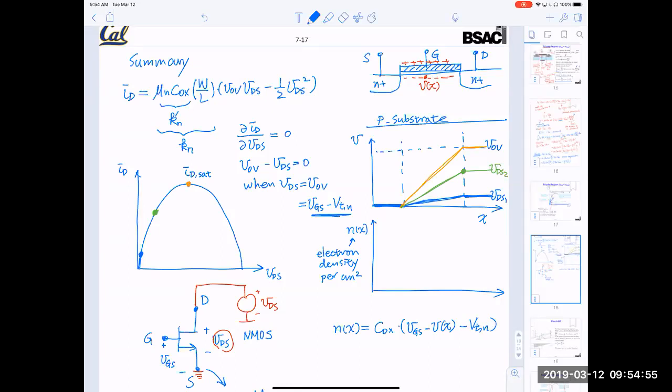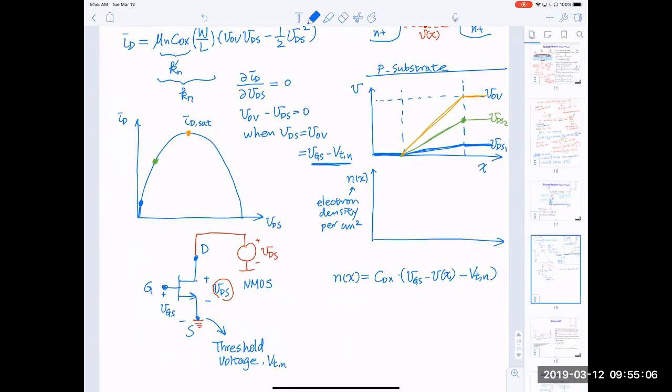The threshold voltage is simply the nonlinear characteristic of the MOS capacitor. The voltage above it is the linear part. We can simplify this to COX times VGS minus VTN, which is simply V overdrive, minus V of X.